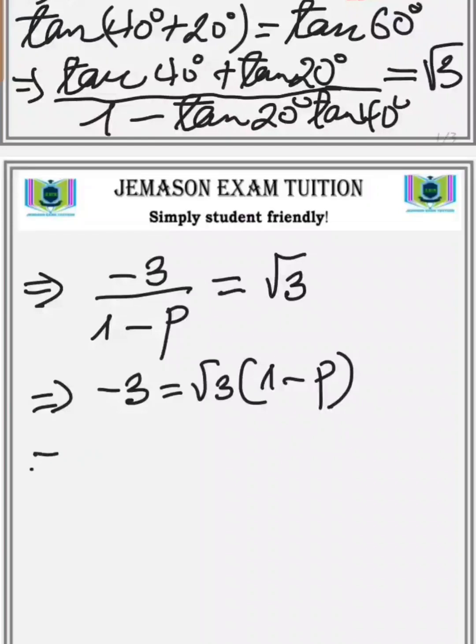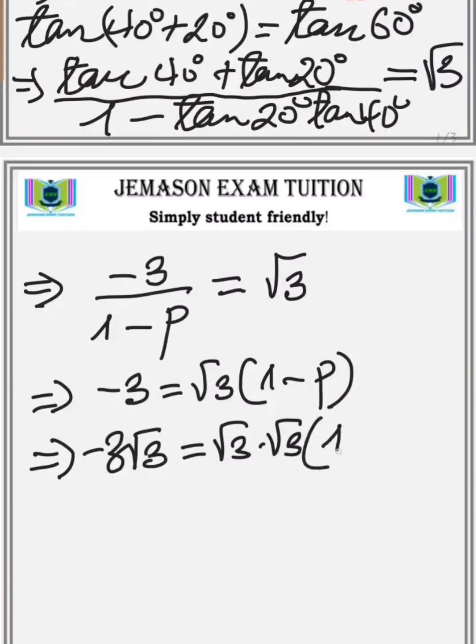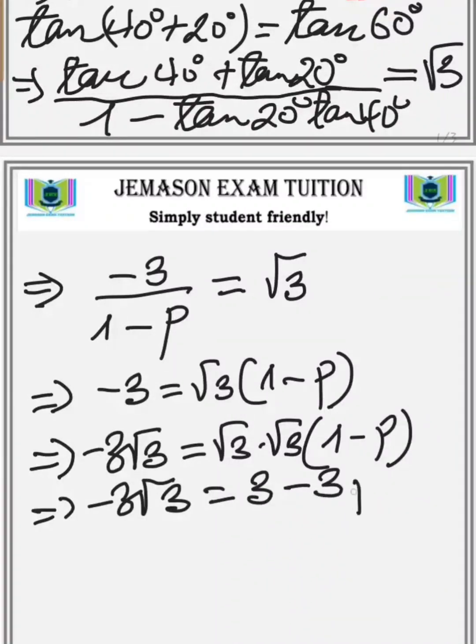And from here we can multiply through by root 3 to remove the radical on the right hand side. So I have negative 3 root 3 equals root 3 dot root 3 into 1 minus p, so that I get negative 3 root 3 equals 3 minus 3p.